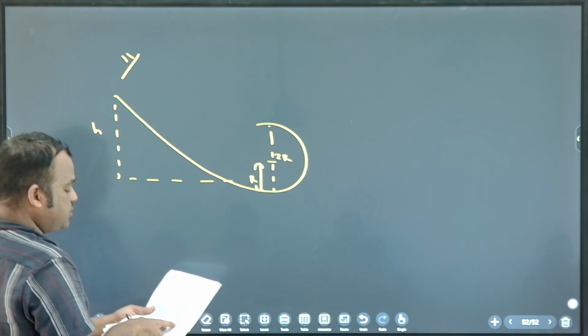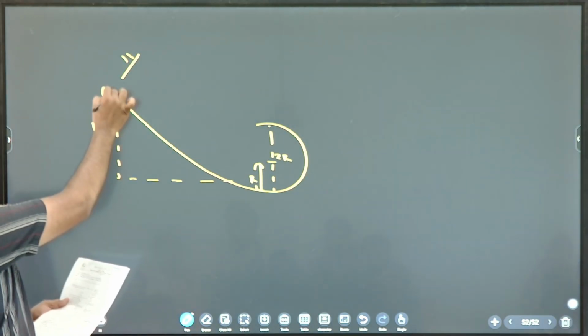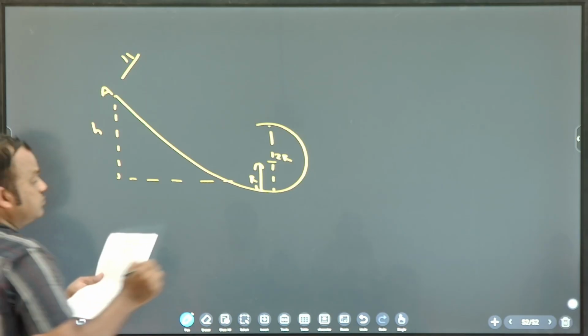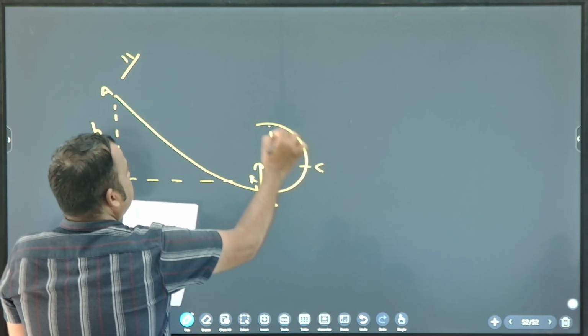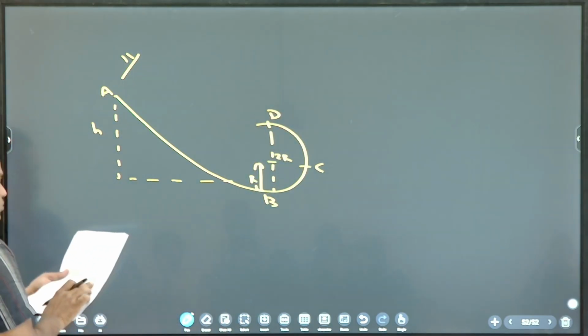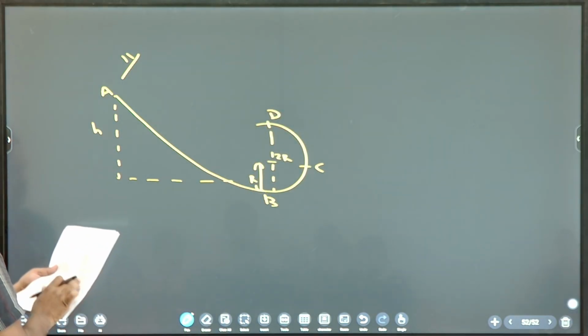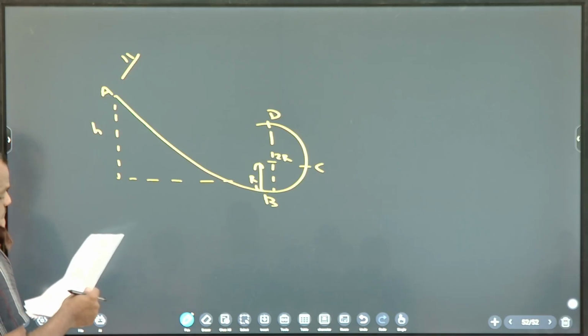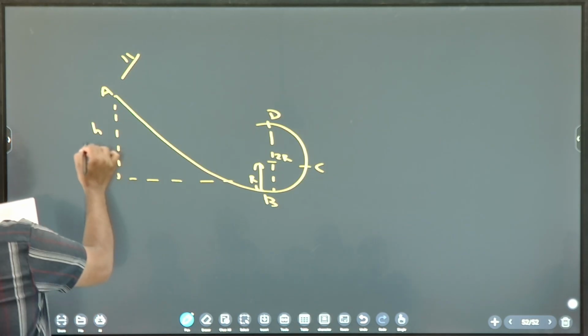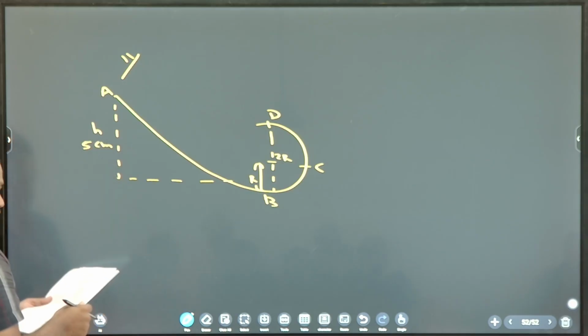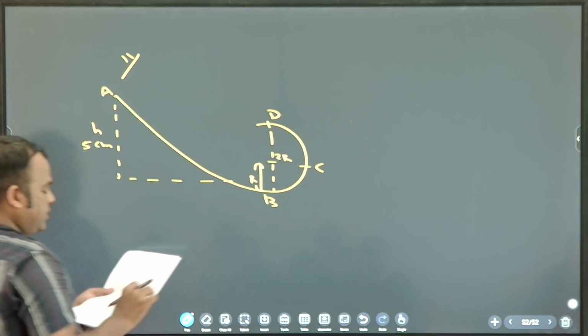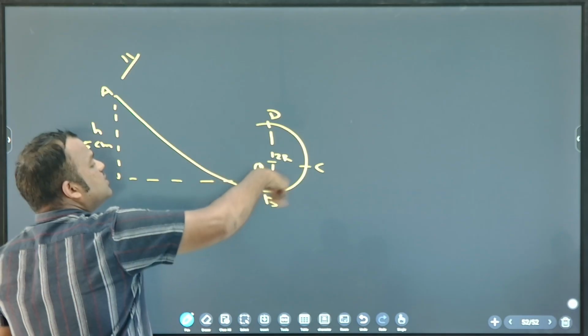A body slides down the track from A. This is point A, this is point B, C, D. H is 5 centimeter. Maximum value of radius to successfully complete the loop. It wants to successfully complete the loop.